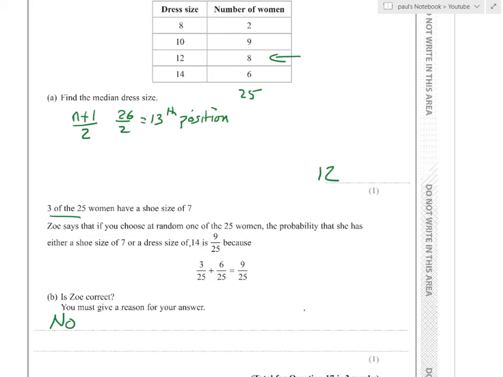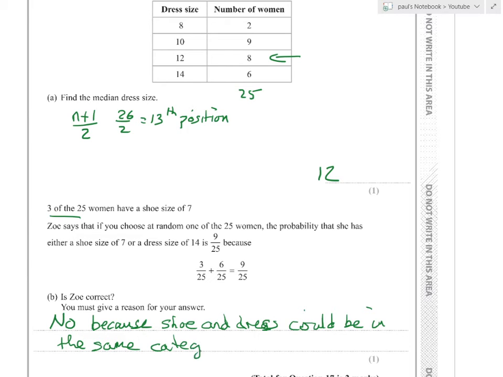They could be in the same category, couldn't they? So then it would only be like 8 out of 25.